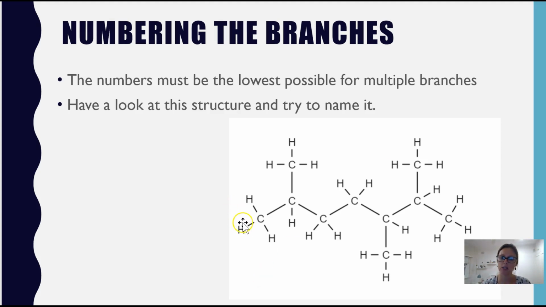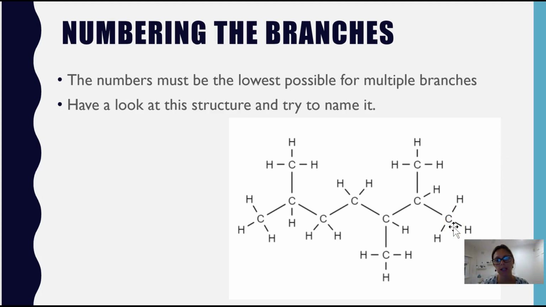If we look from this side, we have got a 2, a 5, and a 6. Yet if we look from this side, we have got a 2, a 3, and a 6. So it's our lowest number. 236 is lower than our 256. So we're going to have to name it from this side.